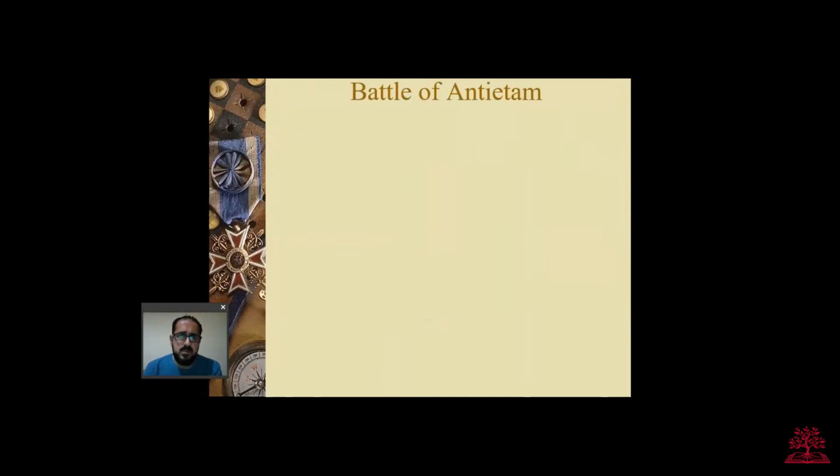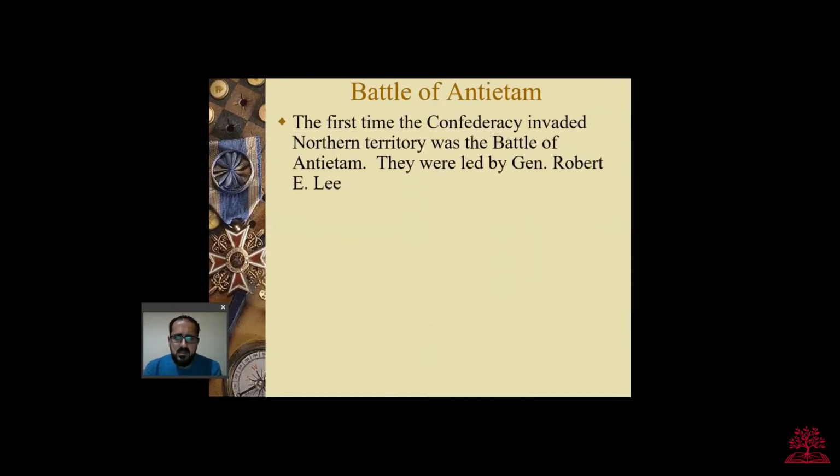Okay, now we're gonna speak about another battle, the Battle of Antietam. This battle was important too, because it was the first time the Confederacy invaded Northern Territory. Now, remember what we said?